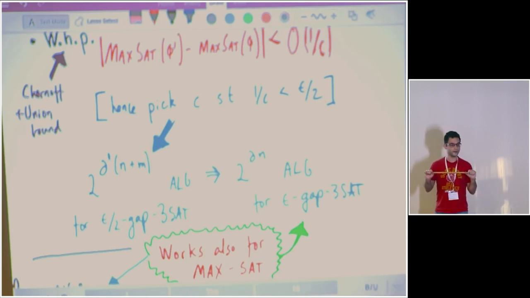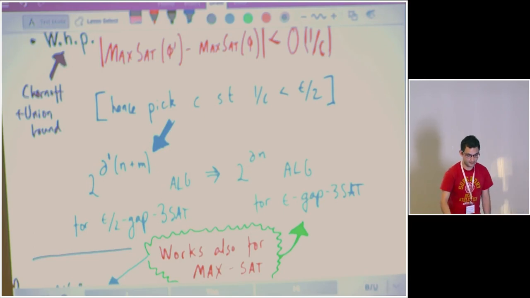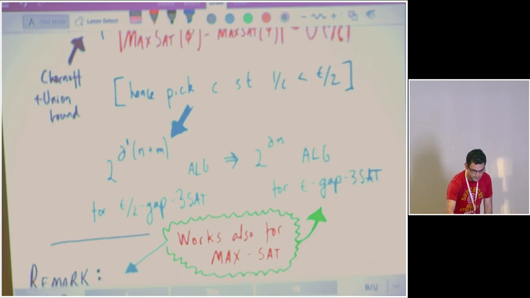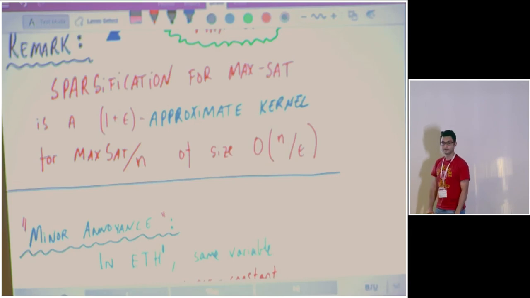And so when you have CNF clauses of arbitrary clause lengths, this proof of ETH equal to ETH prime happens to be a 1 plus epsilon approximate kernel for max sat parameterized by the number of variables. Yeah. So if you remember the definition of lossy kernels, you can sit down and check that that is actually what it is.